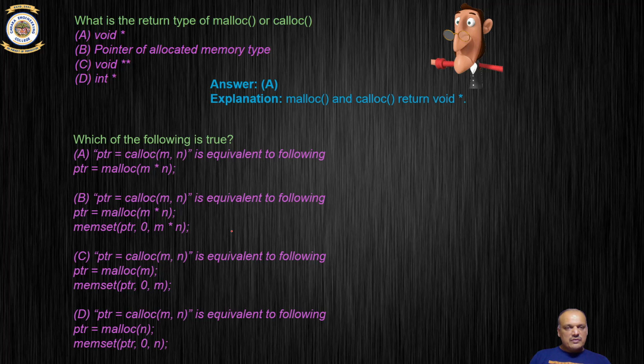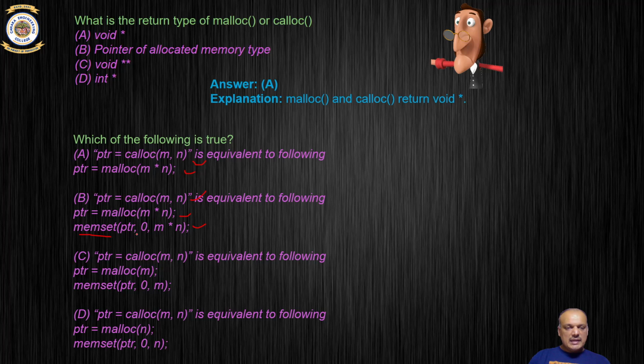Look at this. Which of the following is true? A: pointer = calloc(m, n) is equivalent to pointer = malloc(m*n). B: pointer = calloc(m, n) is equivalent to pointer = malloc(m*n) and memset(pointer, 0, m*n). Okay, so is it equivalent to this, or is this command equivalent to this and this?